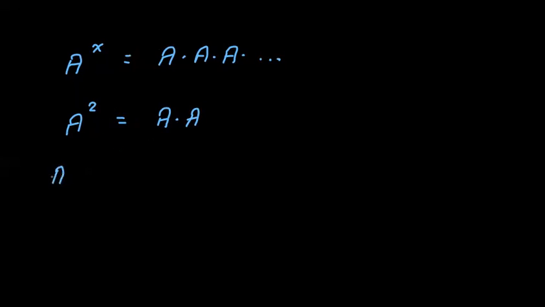If I see a to the third power, I'm going to have a multiplied by a multiplied by a. See, I have 3 a's. So if I have, as in the case that we started with, 4 squared, I'm going to have 4 multiplied by 4. And this little dot in here just means multiply.